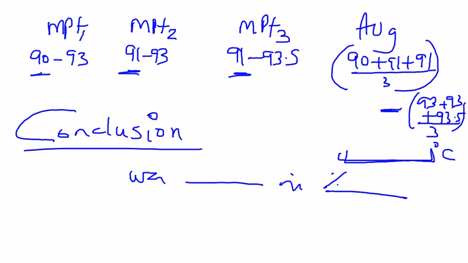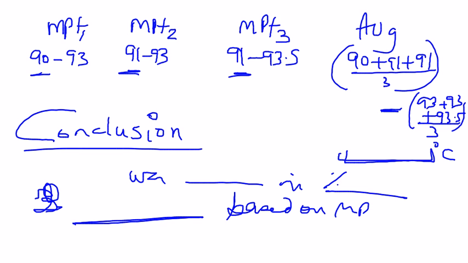You will discuss that, and you will say that it was identified to be what you think is the identification based on the melting point of, and then say the average melting point. So whichever it's closest to out of those 4, you would say that that is the identity of your unknown.